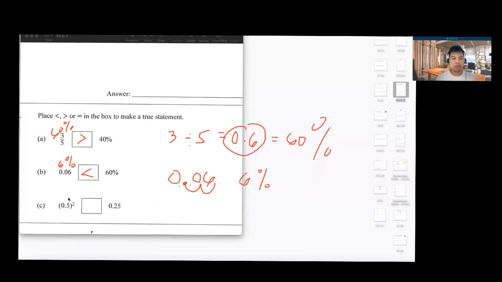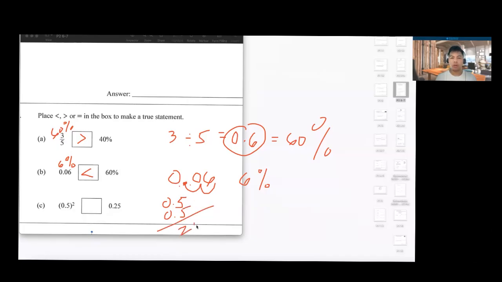Okay, how about this one? Do you know how to simplify this? You multiply them by itself. Yeah, so what would be the answer? 0.5 times 0.5. Let's say you forget, so you multiply that. It's 25.